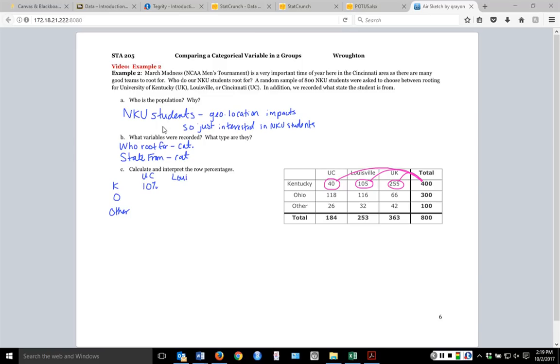I'm going to take our 105, divide that by our 400 to get 26.25%, and then I'm going to take my 255 divided by the 400 to get 63.75%. And then again, remember your totals over here for each row will turn out to be 100%.